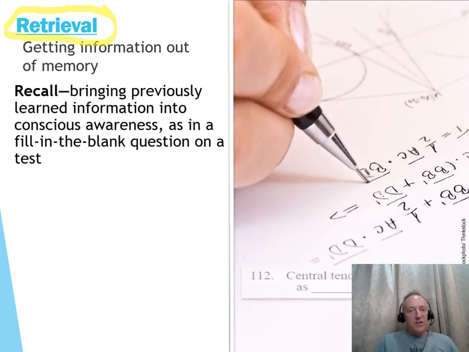There are different types of retrieval we can talk about. One is recall. This means you have to bring the information fully to your conscious awareness again. This is the kind of retrieval you would have to do if you're taking an essay test or a fill in the blank question kind of test.